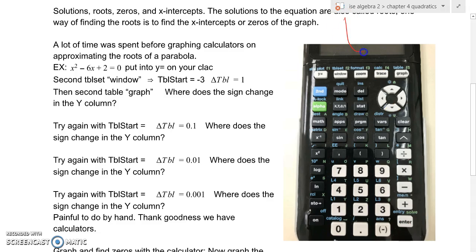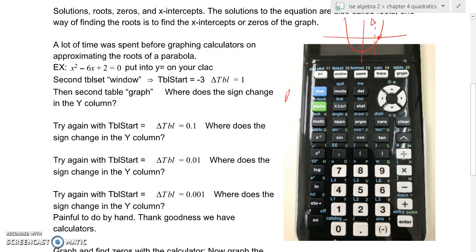So on the parabola that it graphs, it's asking you a question in black at the bottom where the left boundary is. So when you hit enter, you're going to get a dotted line with an arrow pointing in. You want to put that on the left of where you think the x-intercept is.